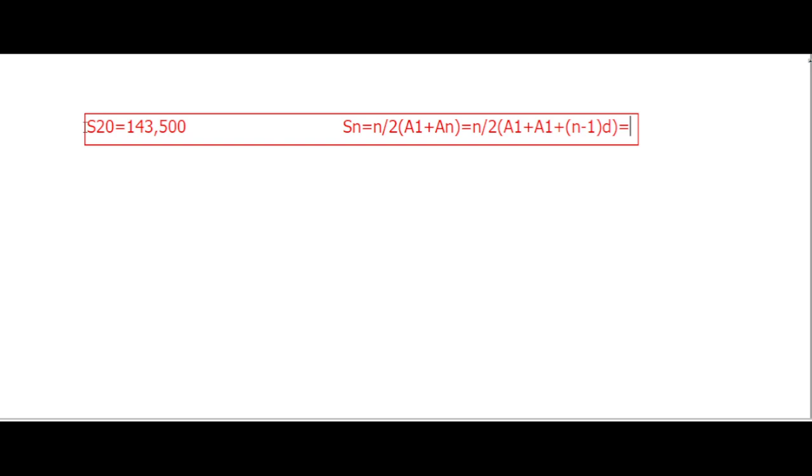This is equal to n over 2 times (2a1 plus (n minus 1) times d).